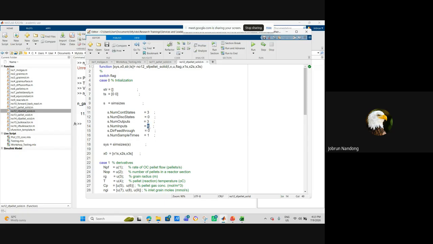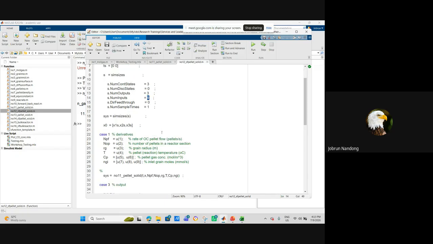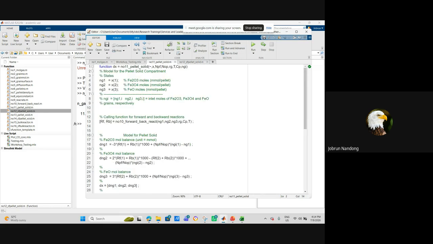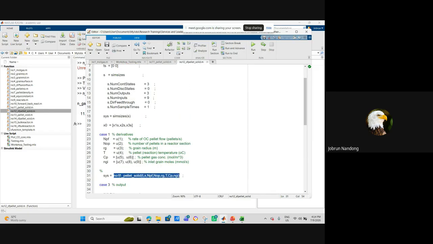The number of inputs. Before you fill in this one, you need to change this part first, case number one. This system, this one you need to change, you see. So this one is actually obtained from this one. Then you copy this part, and then you just paste it here.